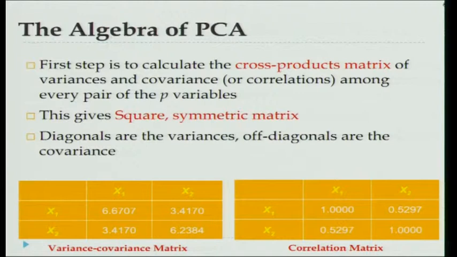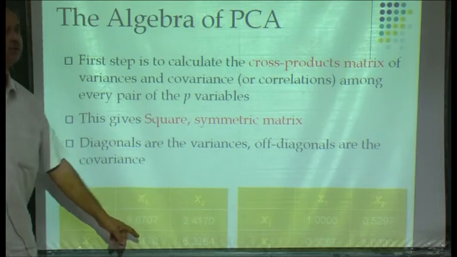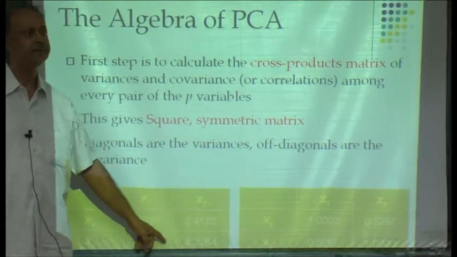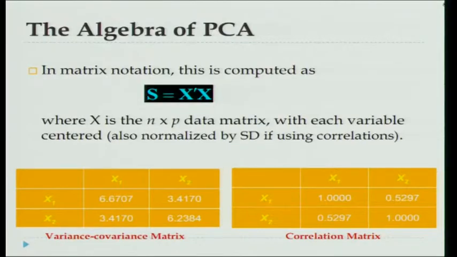This will always become a square matrix because you are making X and X transpose. The diagonal elements give you the variance, the others give you covariance, and these are symmetric. Is there anything else here?